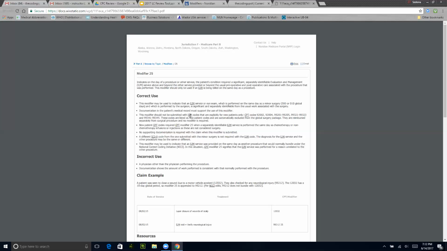So very important tips. And this modifier should not be submitted with E&M codes that are explicitly for new patients only. So, okay. I think next to my Modifier 25 in my CPT book in Appendix A, I would write not to be used with new patients, or just a little tip.